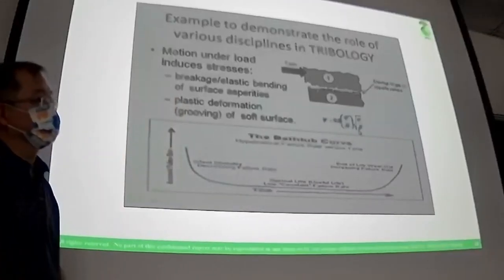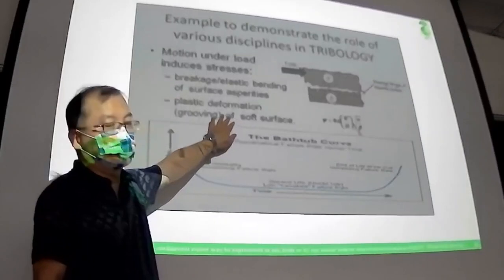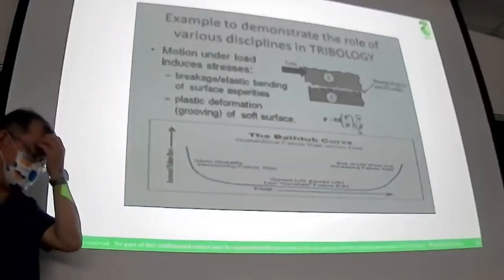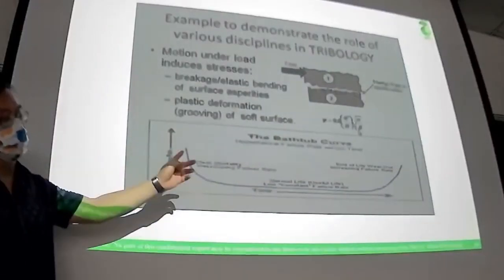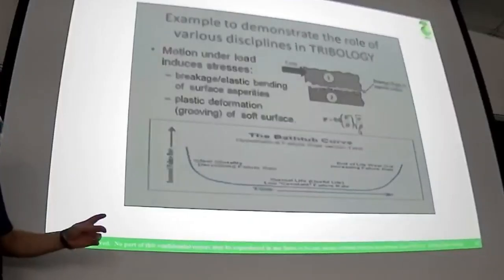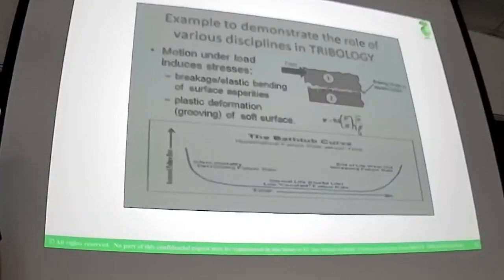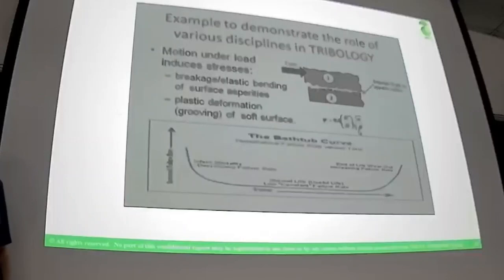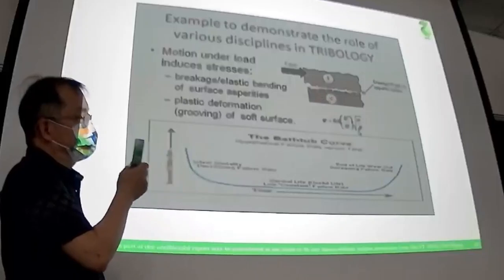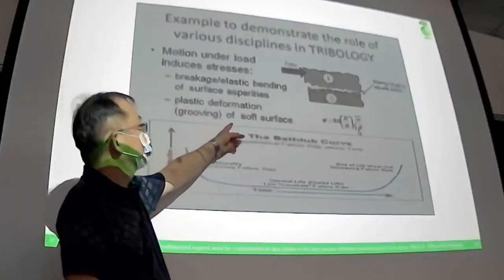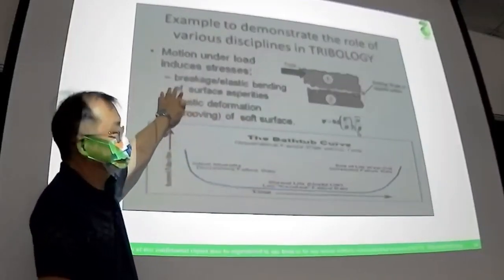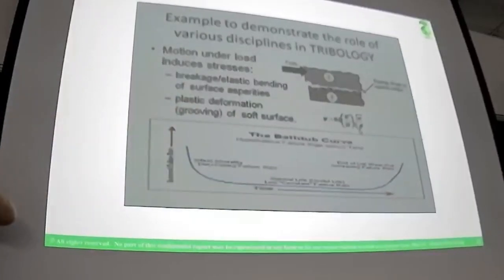Usually it happens on the softer material of those two bodies. So it is important that you need to know which of the materials is softer, or has a smaller hardness. Okay, so usually the asperity of the softer material will be broken down due to the plastic deformation.